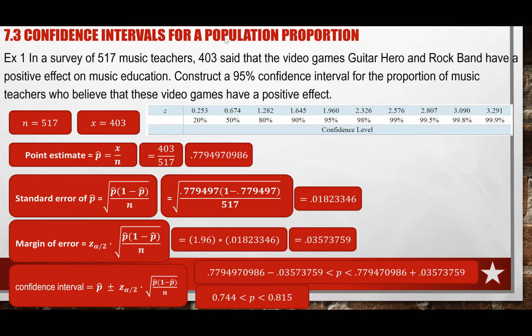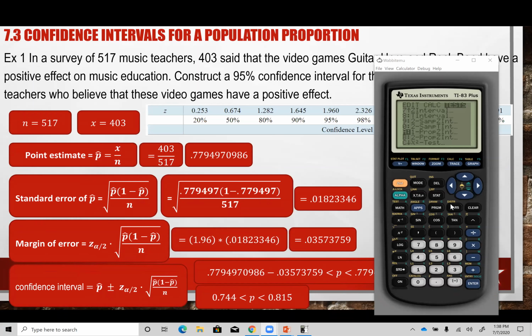If you go to your calculator like before, you hit stat, go to test, and keep going down past the T, and you have the one-proportion Z interval, which is option A. Again, we are using one prop, not two. We only have one data set, one variable, not two variables.